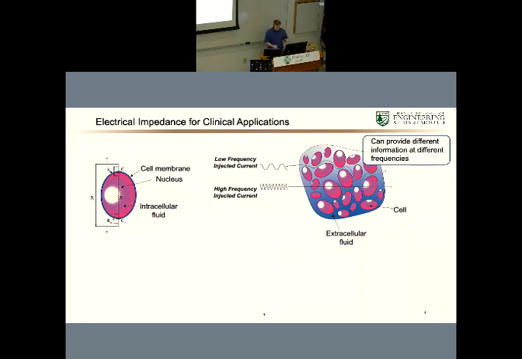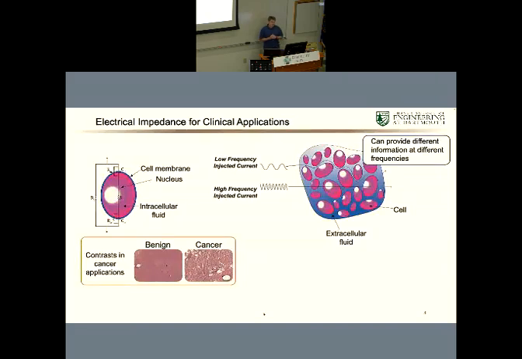And why is that even important? Well, we have contrast in various things. Look at a histological slide of cancerous tissue, very different types of cells. When we do ex vivo studies, we see significant differences, generally like 50% higher or lower values, of cancer versus benign tissue.